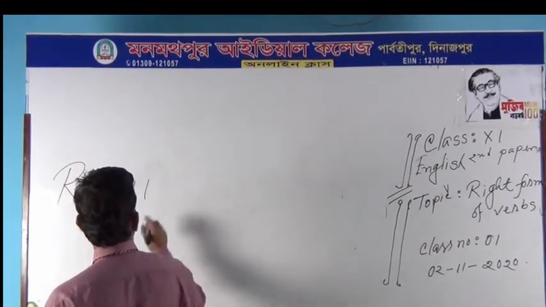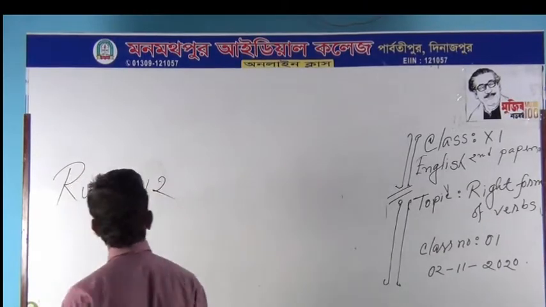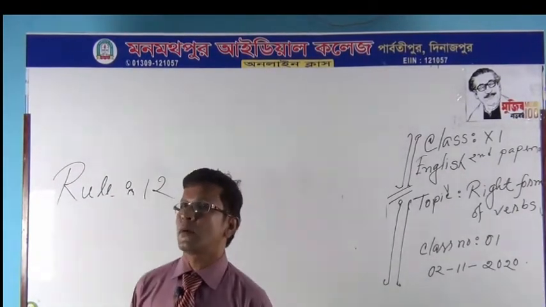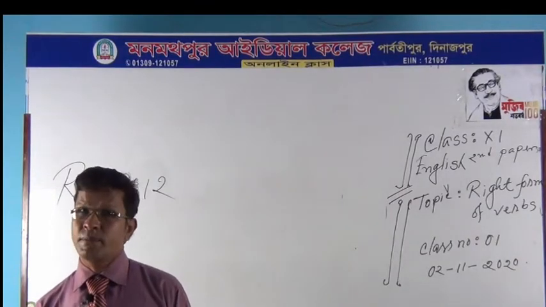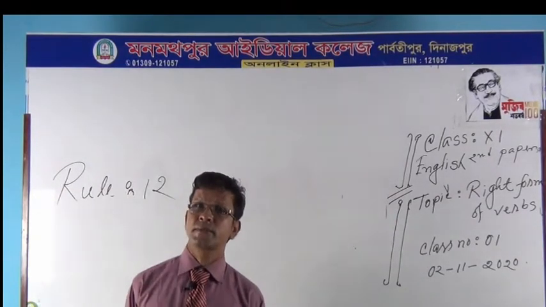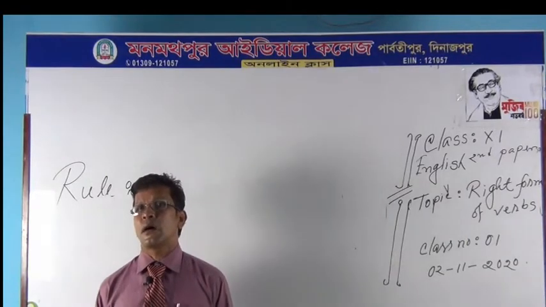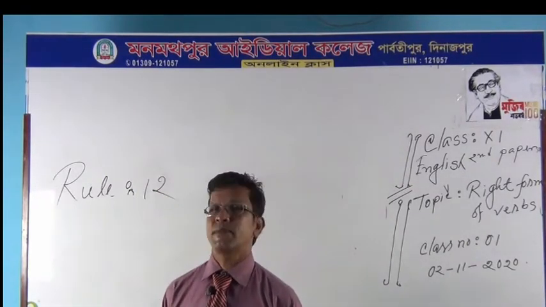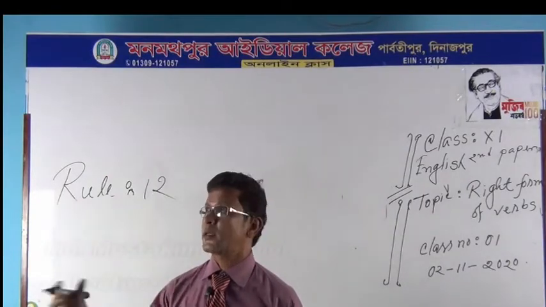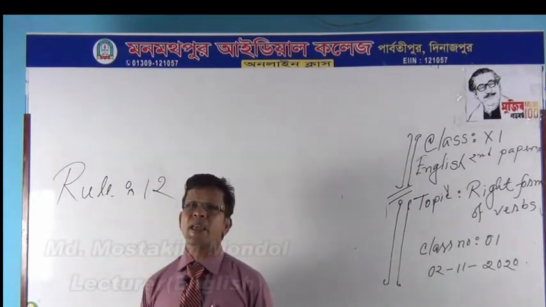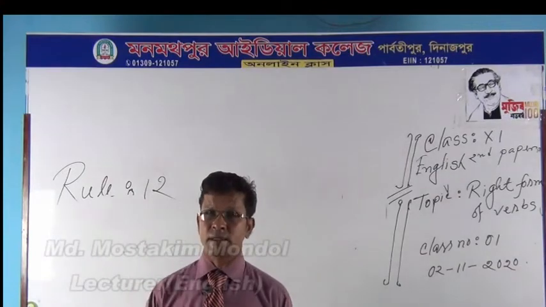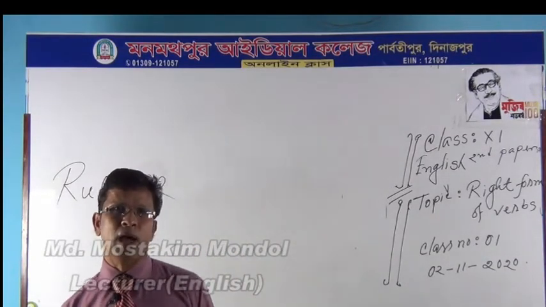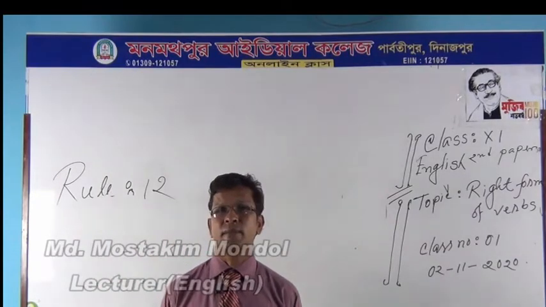Rule number 12. If you find a principal verb just after "while", you have to add "ing" with the principal verb. In other words, if you find a principal verb just after "while", you have to add "ing" with the principal verb.